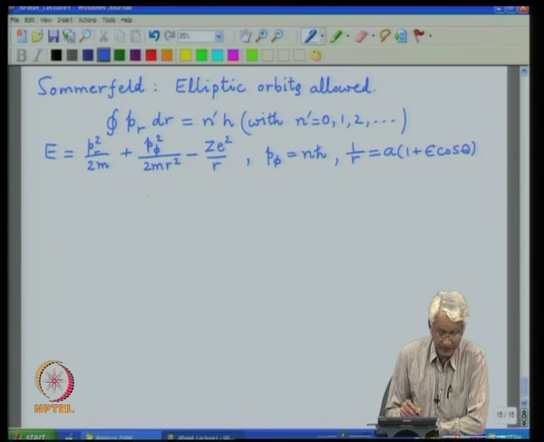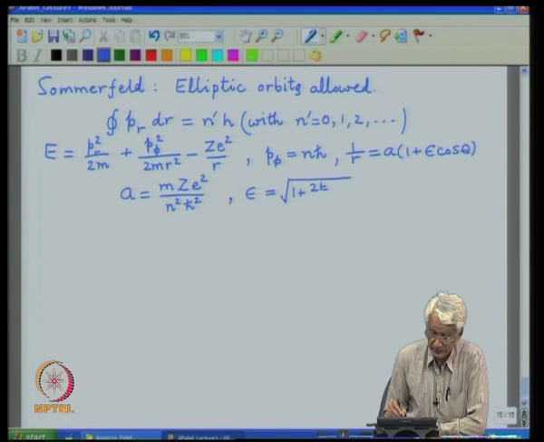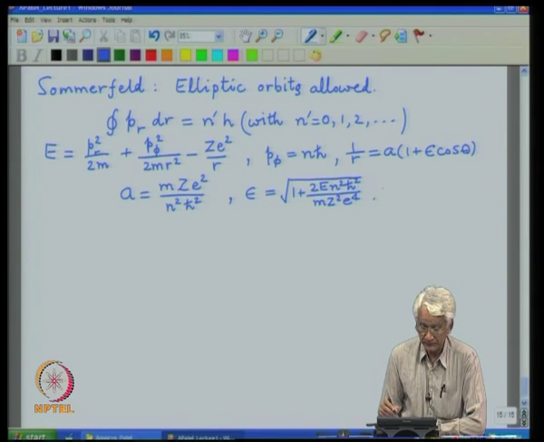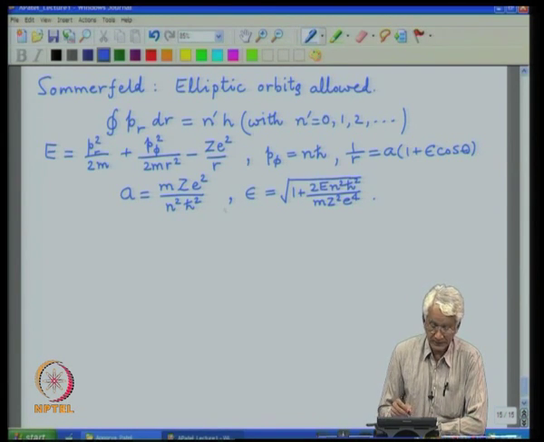In this particular case, the explicit form of these two constants are A is equal to m Z e squared divided by n squared h cross squared, and epsilon is square root of 1 plus and this now gives an explicit form for what P r is in terms of various constants, and we can just evaluate the integral.